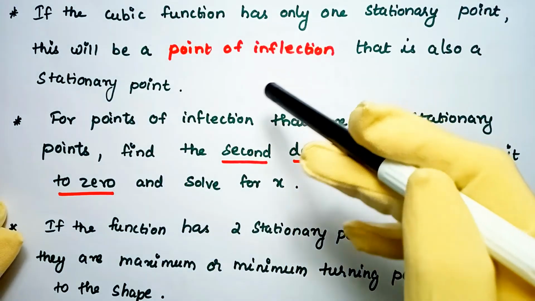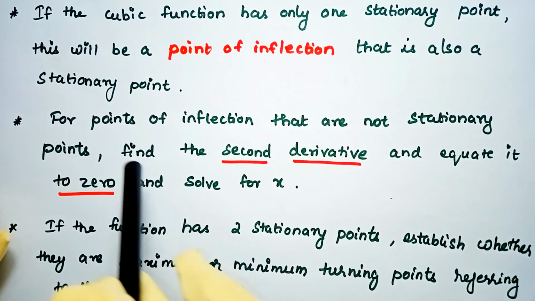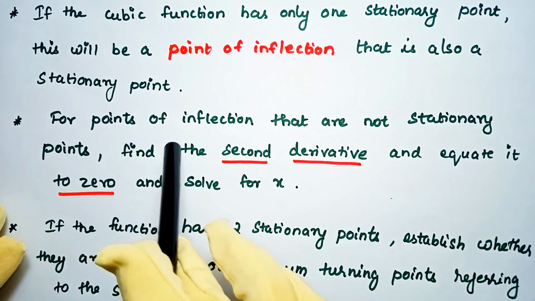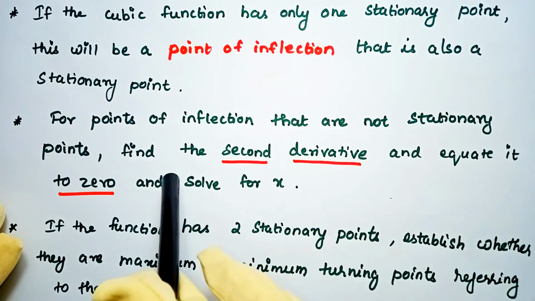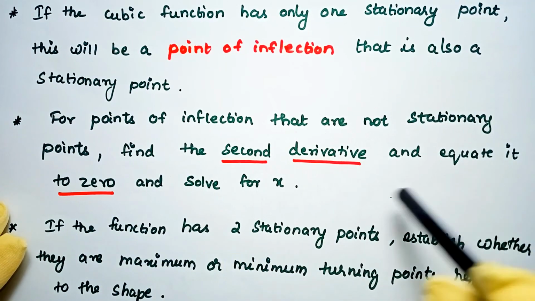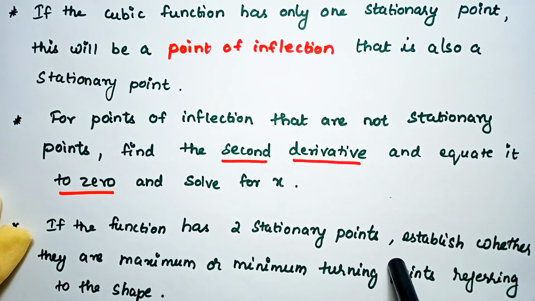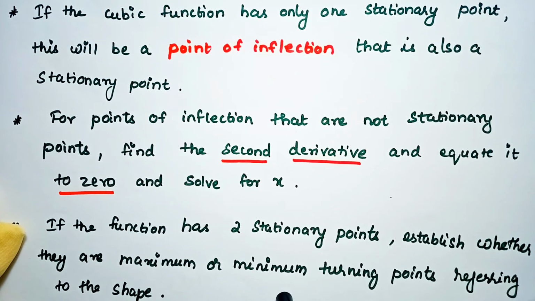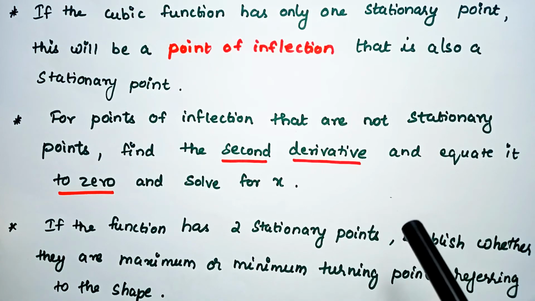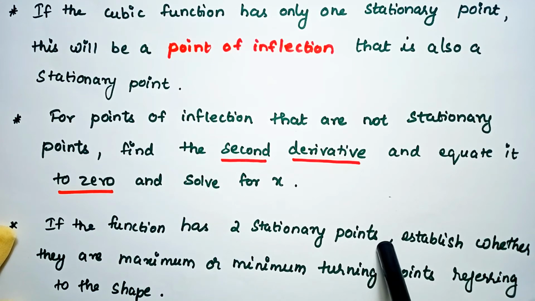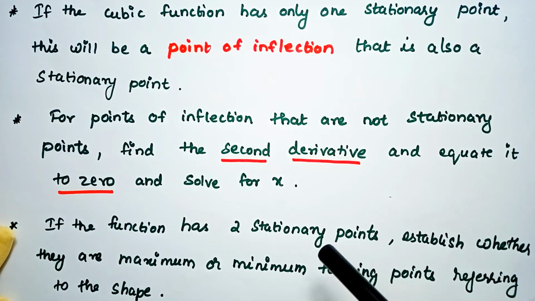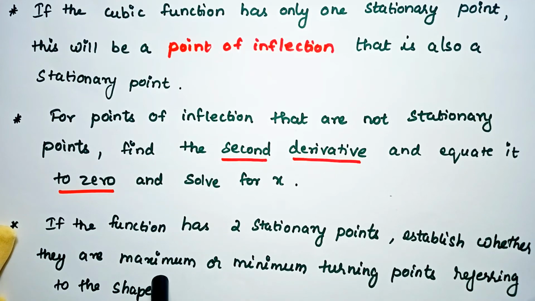Okay. Now in this problem, see this point: for points of inflection that are not stationary points, find the second derivative and equate it to 0. If the function has two stationary points, establish whether they are maximum or minimum turning points referring to the shape. So here in the second problem, we have got two stationary points and we have found the nature of the stationary points also, that is maximum or minimum.